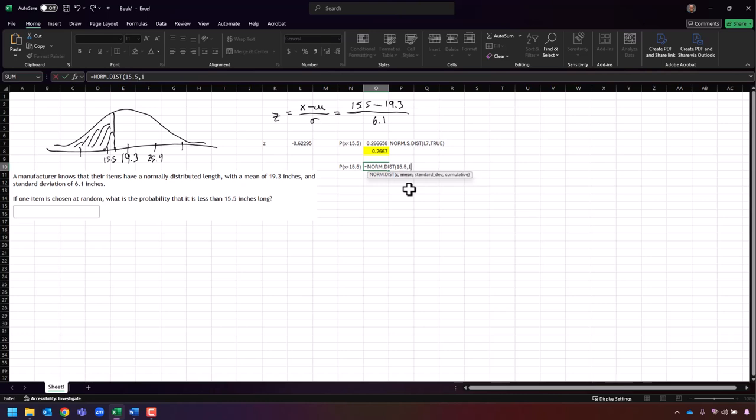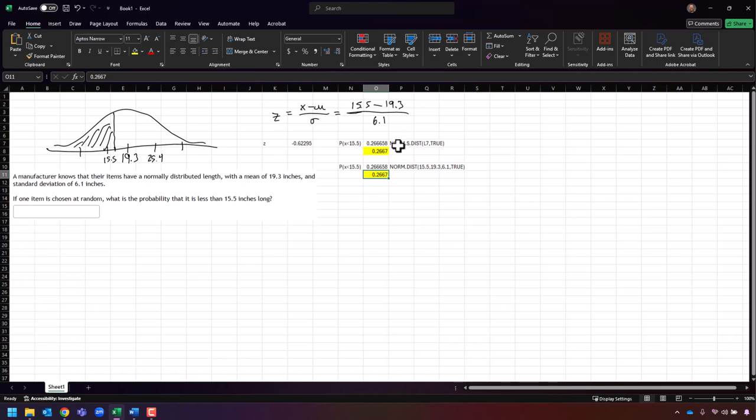What's the mean? Well, the mean is 19.3 and the standard deviation is 6.1, and this is true, that area to the left. So now I've got another function in Excel that will give me the same values without having to shift it.